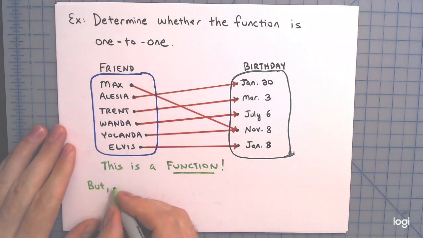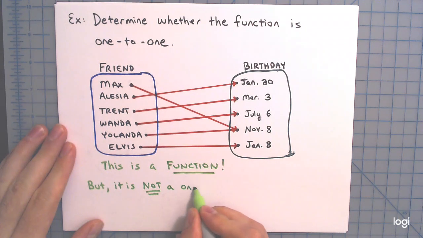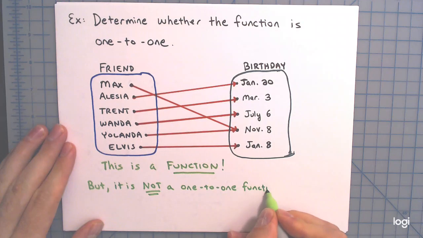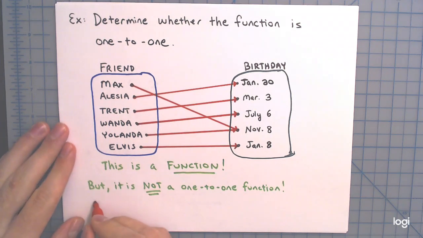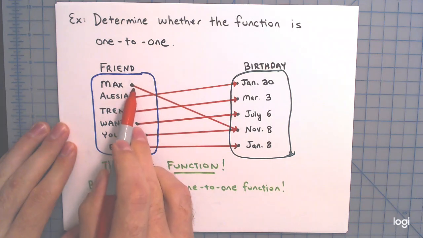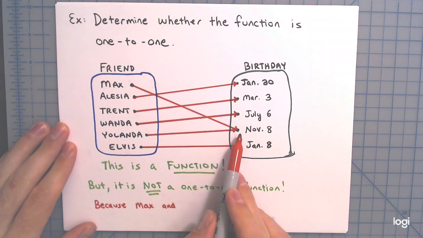It is not a one-to-one function. So still a function, just not a one-to-one function. Now, why is that? Well, this is because Max and Yolanda both correspond to the same output.